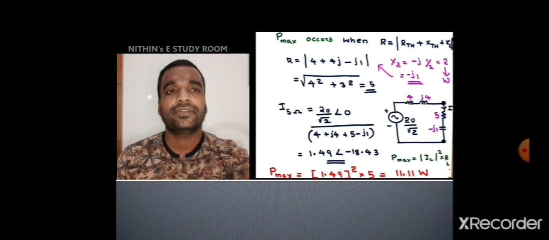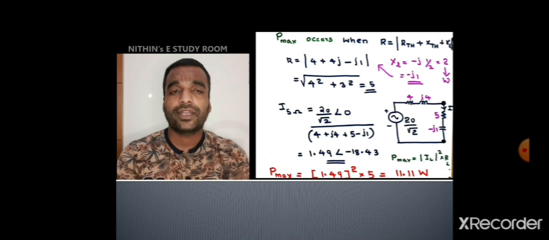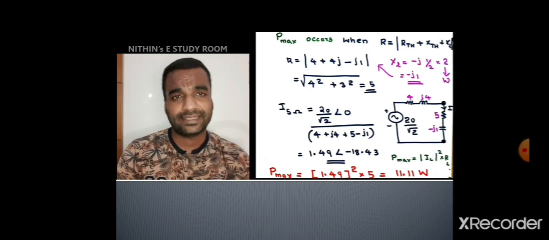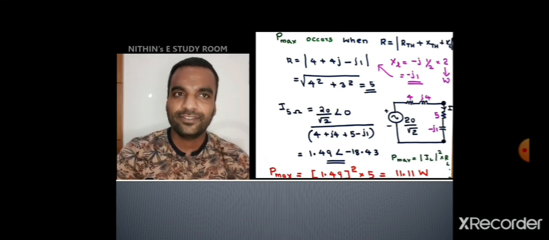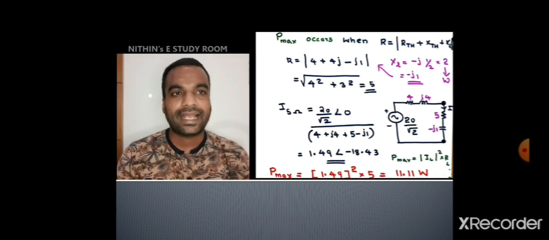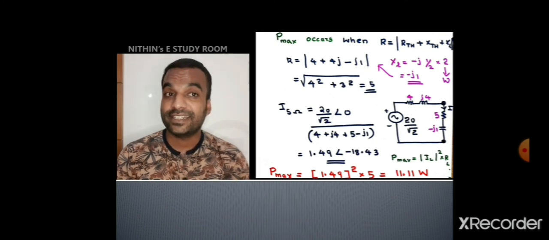In case 3, we know that for maximum power transfer to happen, we have to change the value of R to the magnitude of RThevenin plus j XThevenin plus or minus jXL. Why plus or minus? If it is inductive, it will be plus jXL. If it is capacitive, it will be minus jXL. In this problem, XL is a capacitor and XThevenin is an inductor.